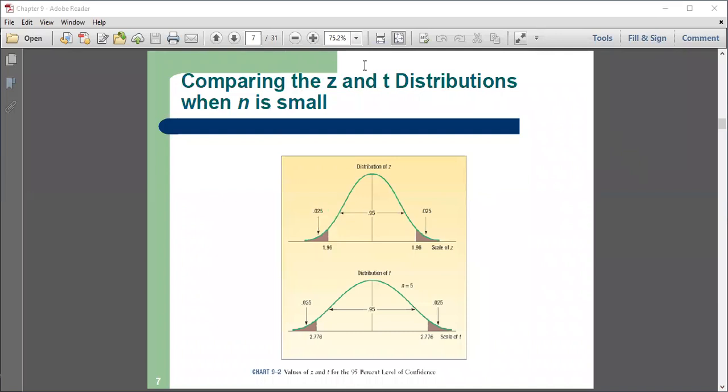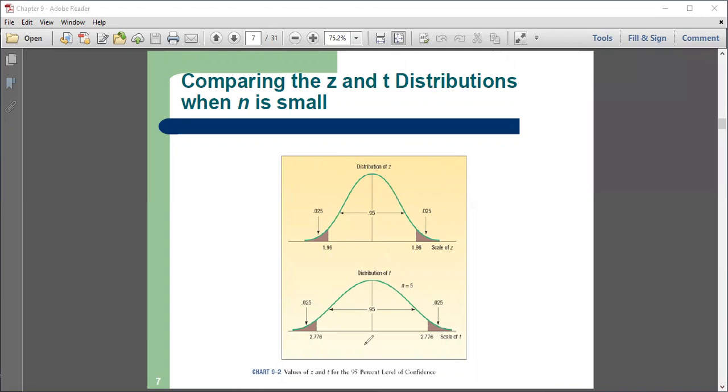Here we are comparing the Z distribution and T distribution when n is small. When we have a smaller n, you can see that Z has a higher peak and T has a flatter peak.